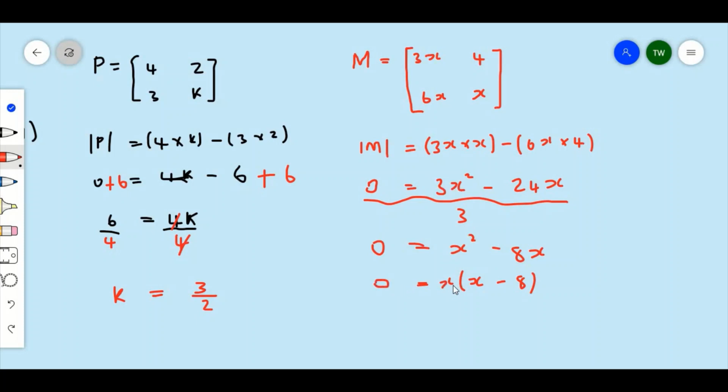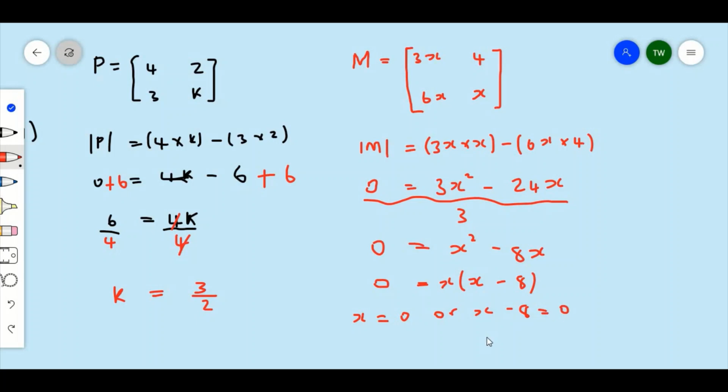So therefore, it's either x is going to equal 0 or what's inside of the bracket is going to equal 0. So therefore, x minus 8 is going to equal 0.